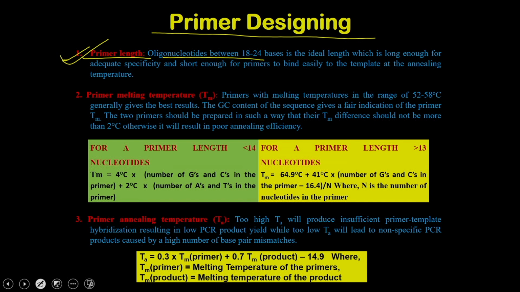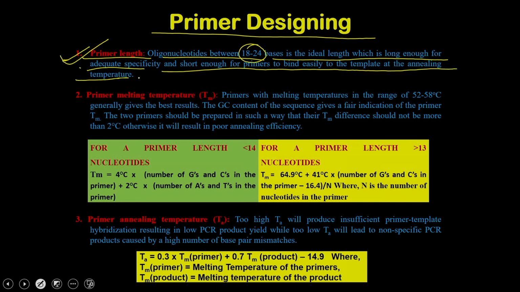An oligonucleotide of 18 to 24 bases is the ideal length, which is long enough for adequate specificity and short enough for the primer to bind easily to the template at the annealing temperature.